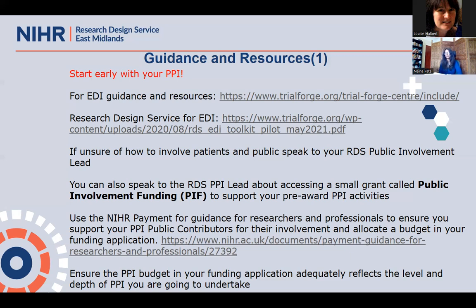This is really important because the NIHR will look to your plans that you've written up in your application form, and then look to your budget to see whether, if you have got extensive plans for PPI, your budget actually adequately reflects the level and the depth of PPI that you've described in your application form.